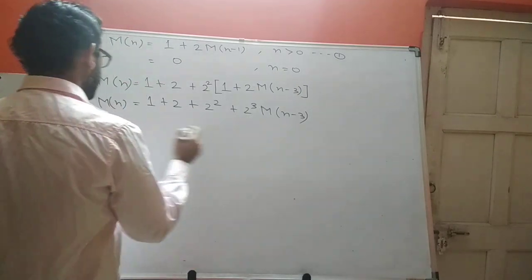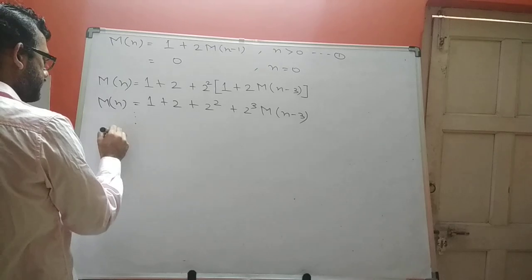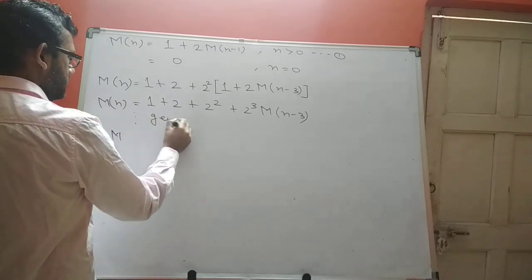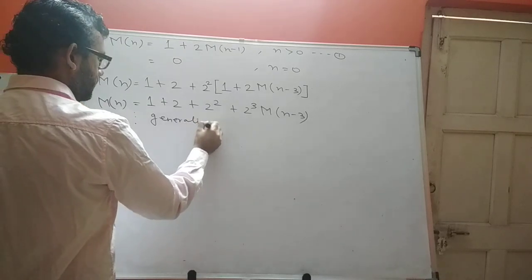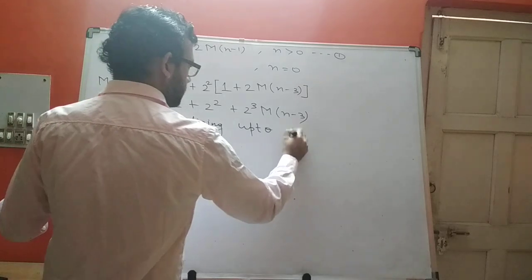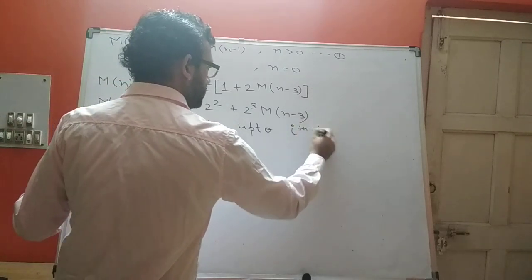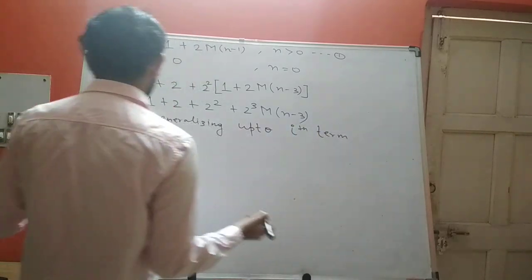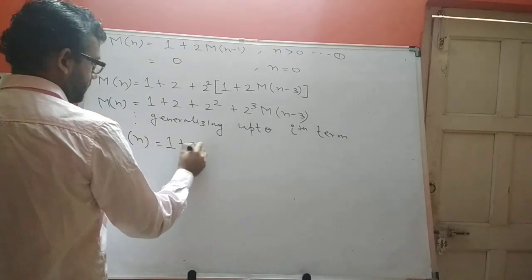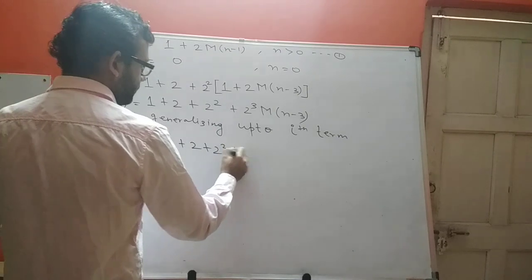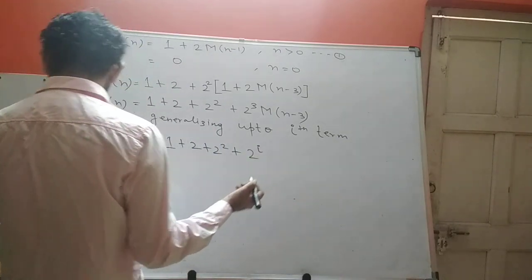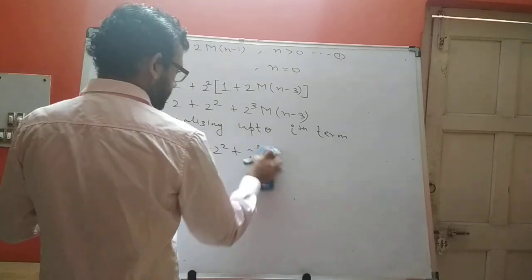Before doing that, I'll just generalize up to the ith term. So if I generalize up to ith term, I'll get 1 plus 2 plus 2 square, and like this, I'll get up to 2 to the power of i. So I'll just write the ellipses.